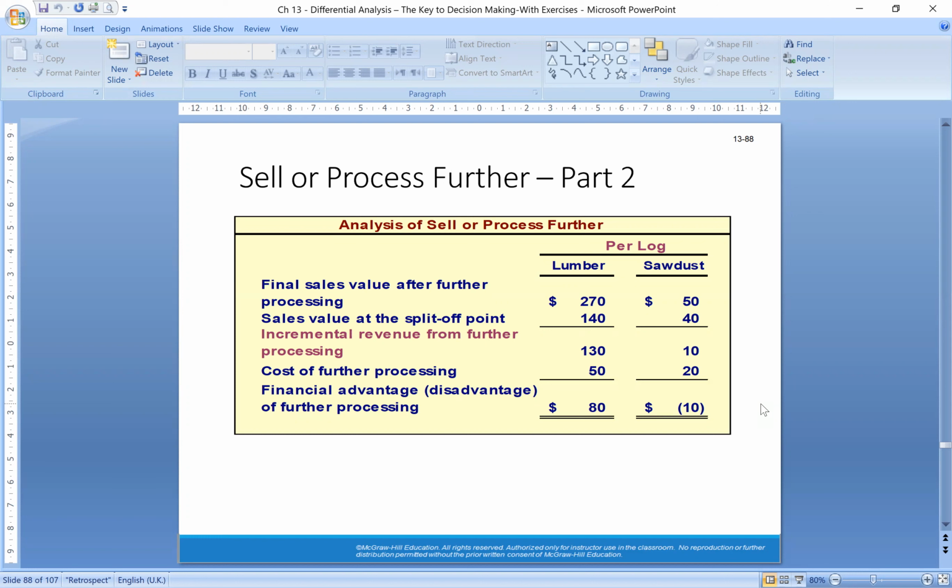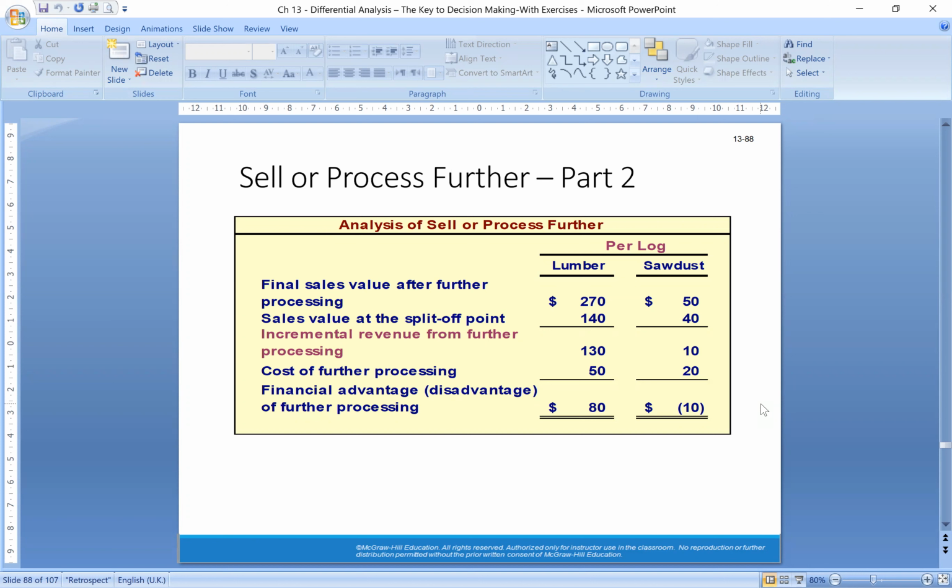For the analysis of selling at the split-off or after further processing, we need to compare the sales volume after processing and the sales volume at the split-off. These two numbers are the sales referring to the lumber, one product.